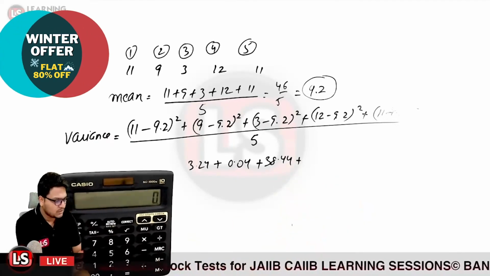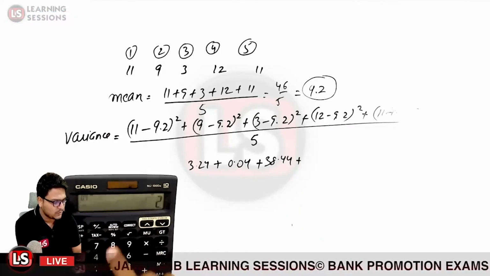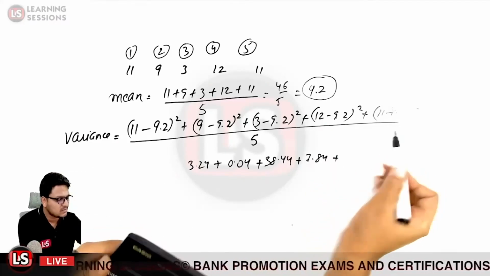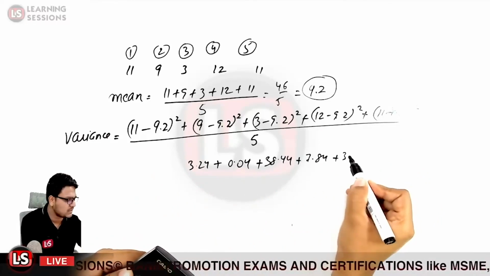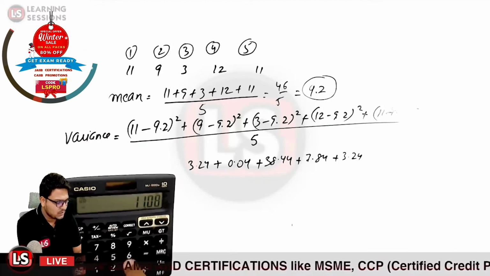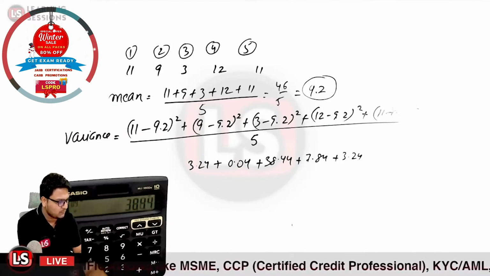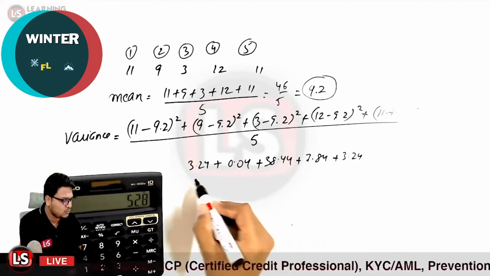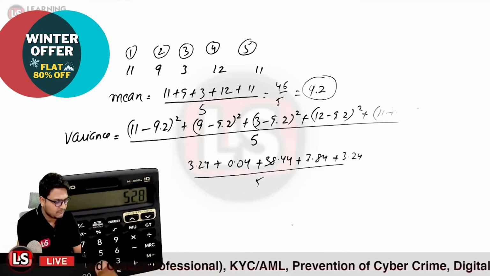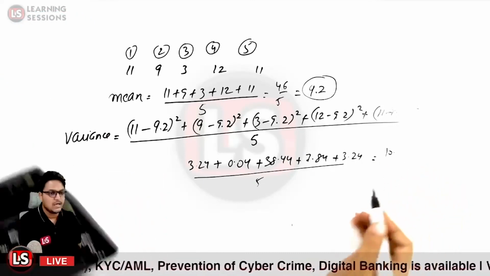The fourth term, 12 minus 9.2, is 2.2 multiplied by 2.2, which is 7.84. The last term is the same as the first term, so the answer is also 3.24. So 7.84 plus 3.24 plus 3.24 plus 0.04 plus 38.44 is equal to 52.8, divided by 5, which comes out to be 10.56. So the variance here is 10.56.